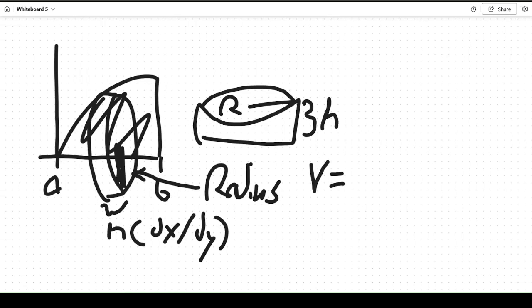And the volume that we will use is going to be pi r squared times height. When we're trying to find the volume of an area or graph, we can use this equation.